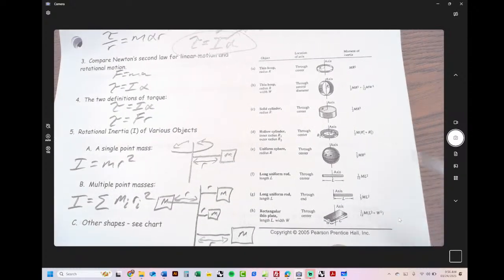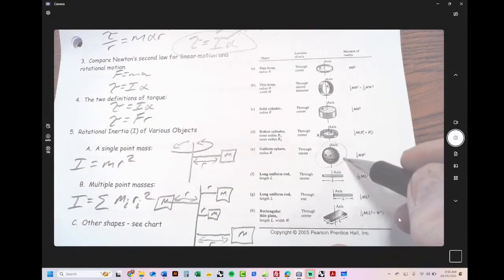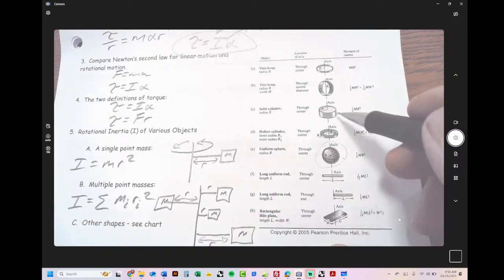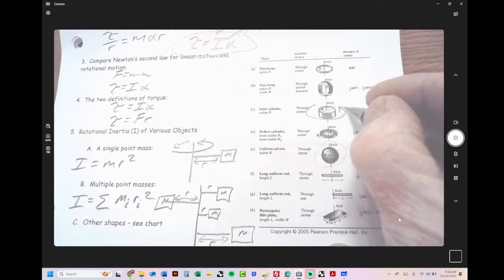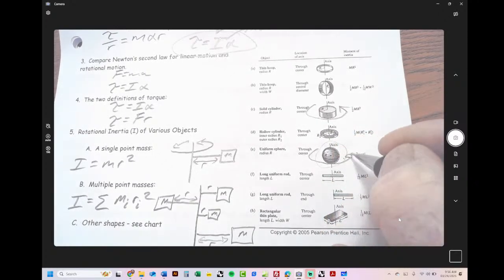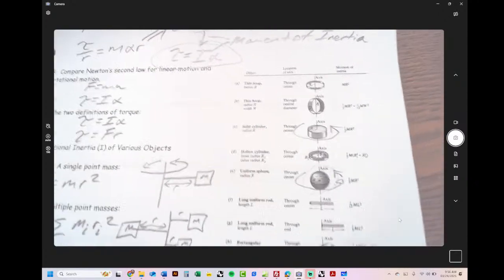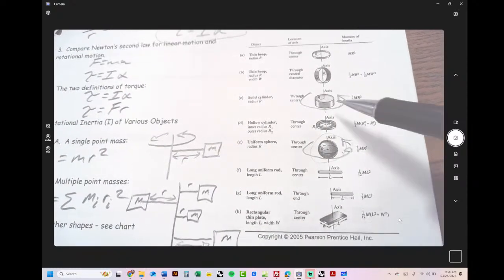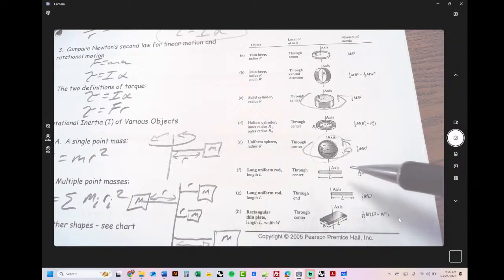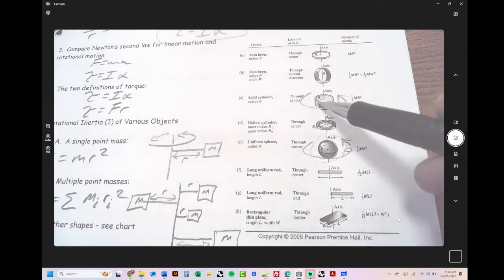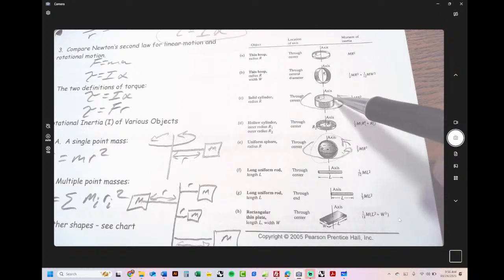So let's look at here's a solid sphere compared with a disk. And they're spinning around like this and like this. Which one has a greater concentration of mass close to the axis? The disk or the sphere? Look at how the mass is distributed here.